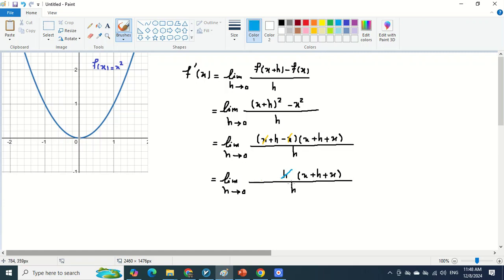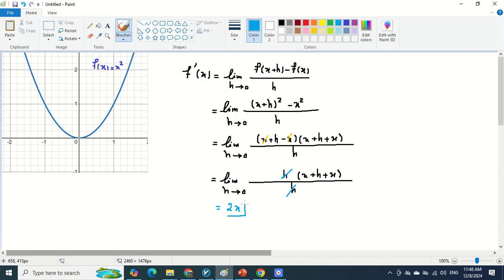The 0 factor is cancelled, and right now just put h equal to 0 in that expression, and if I put h equal to 0, then x plus x gives us 2x. So we found the first derivative, meaning that the derivative of the function f of x equal to x squared is 2x.